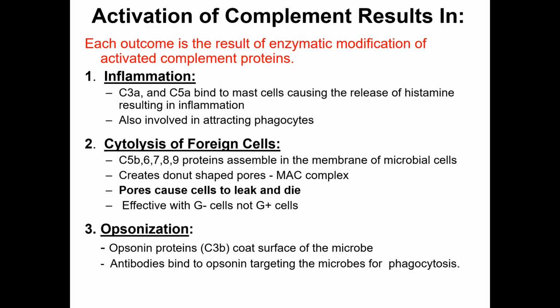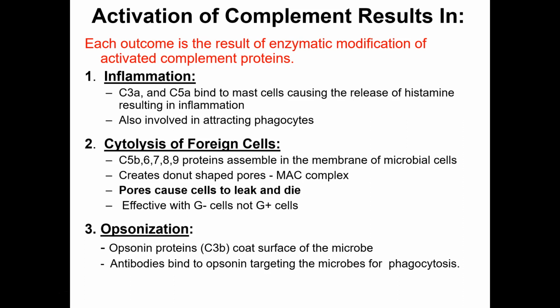So what can these C proteins do? Well, one, some of them can trigger inflammation. I never remember these, I'm not expecting you to, but C3a and C5a will interact with mast cells and basophils. And they say, hey, start making histamine, trigger inflammation.